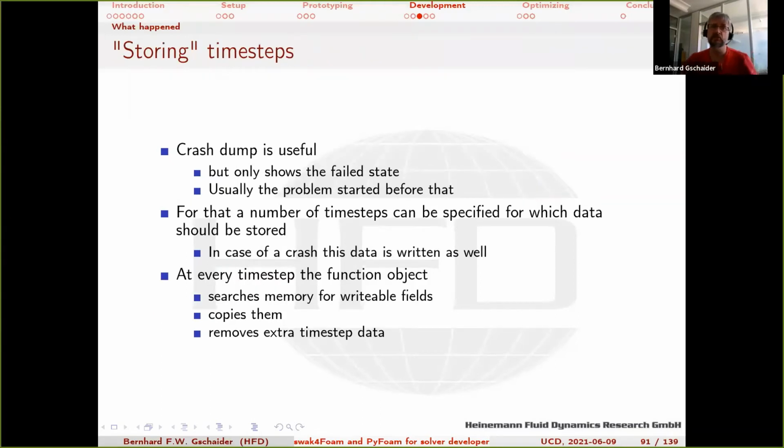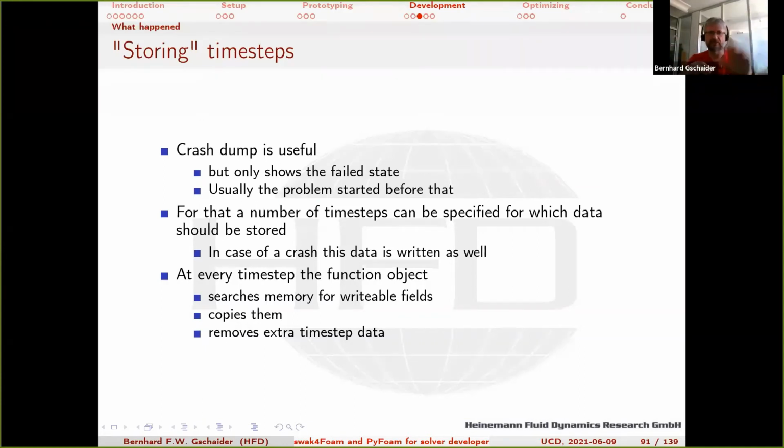The other thing is, it's nice to see the crash values, but it would also be nice to see what happened before the crash. For that, this function object has the option to store time steps. Instead of writing data to disk, at the end of every time step it goes through the object registry, looks for all the fields that are in the registry, and copies them aside. So it says, okay, currently it's time 0.1.